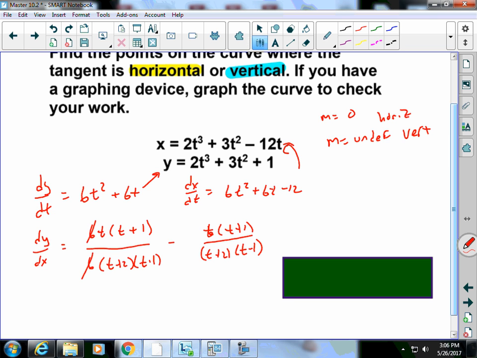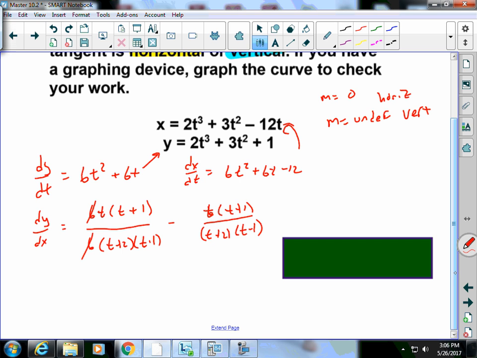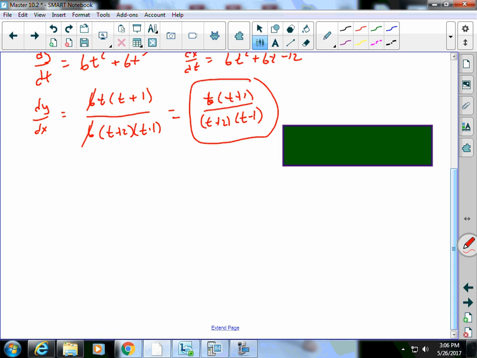Alrighty. So now, this is my slope, and I want to find out when it's horizontal. Well, again, horizontal means I care about when t times (t plus 1) equals 0. That's at t equals 0 and negative 1. And I want to know when it's vertical.